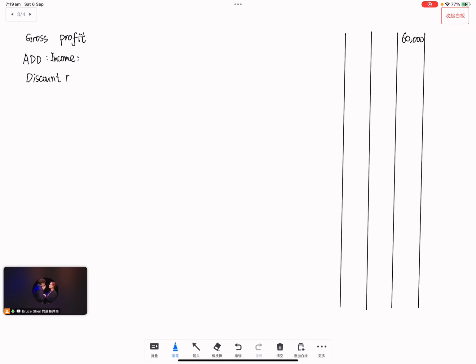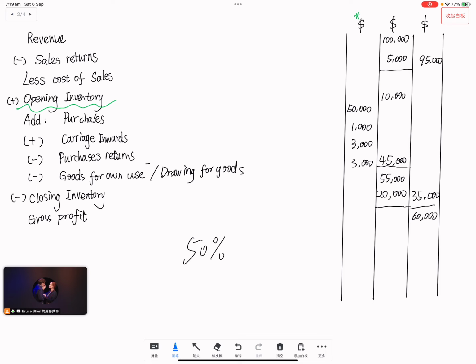So where shall we put those figures? For discount received, we can simply write on the second column, for example, 1,000. And don't forget, here we need to write a bracket. Every amount you need to deduct, you need to give a bracket.